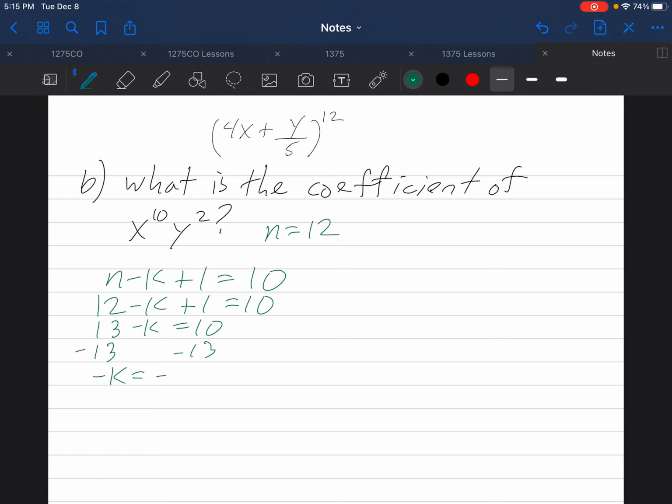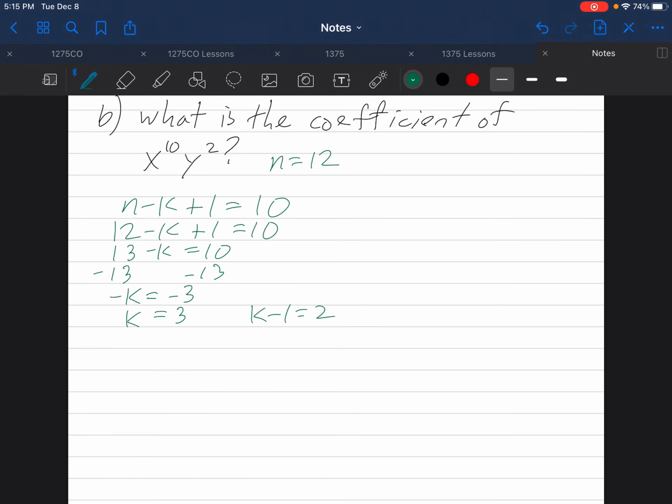Subtract 13 from both sides, and negative k equals negative 3. Divide by negative 1, that means k is equal to 3. Right, which makes also k minus 1 equal to 2.